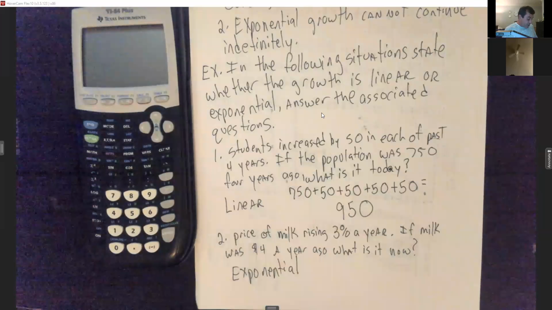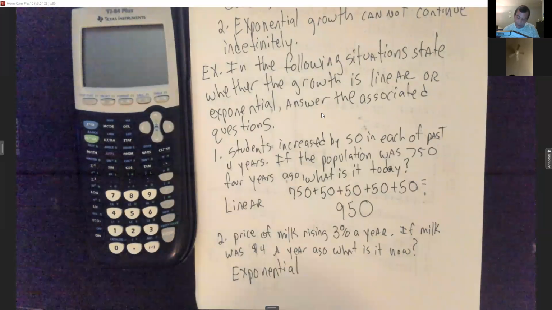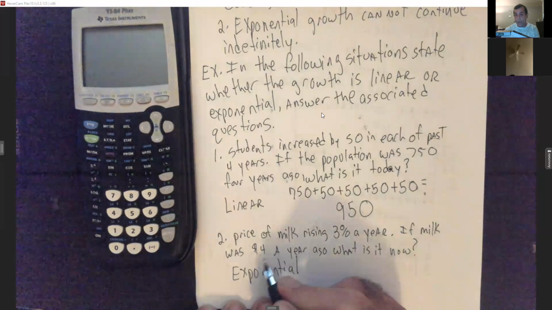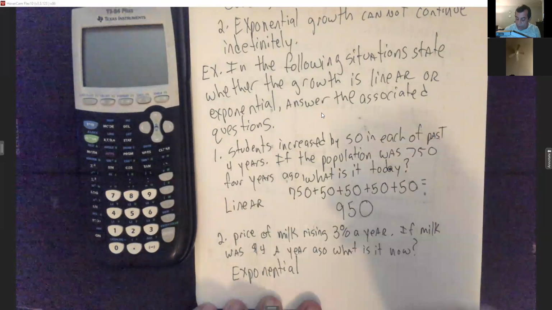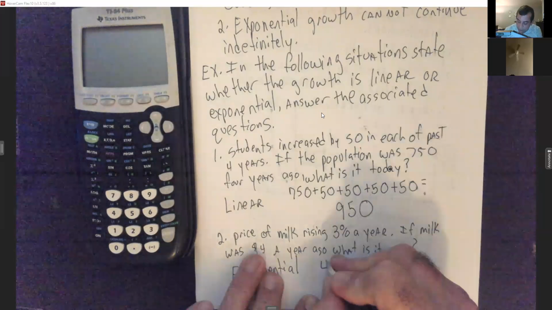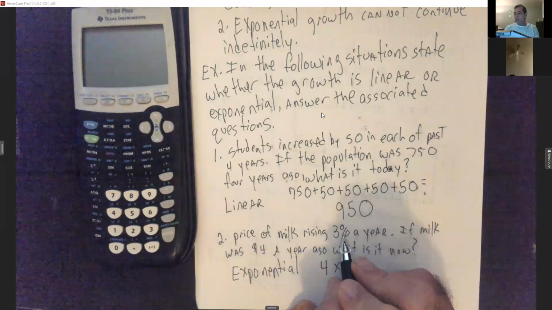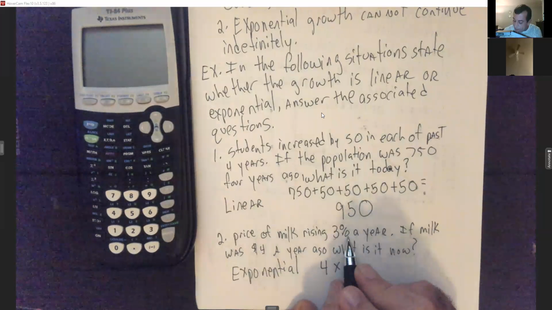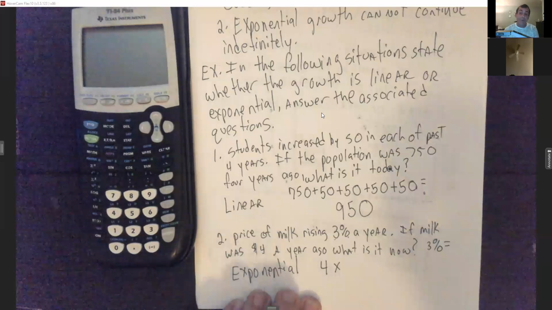Now, here's the question on that one. We got to figure out what 3% of that $4 is, because that's how much they said it grew. So you would take that 4 times 3%, but remember, you can't multiply by 3% in that form. So you've got to turn that 3% into a decimal.